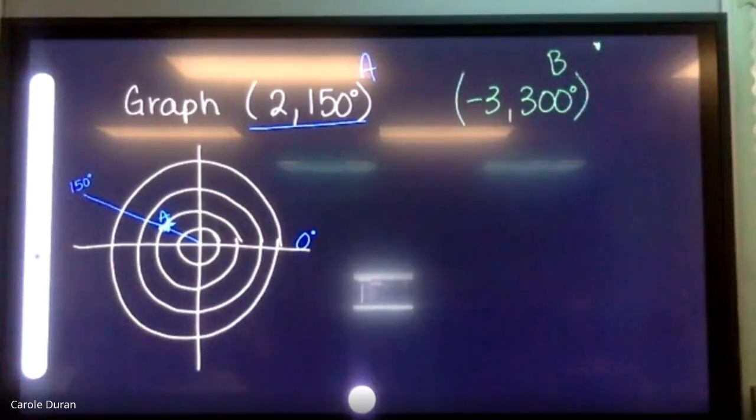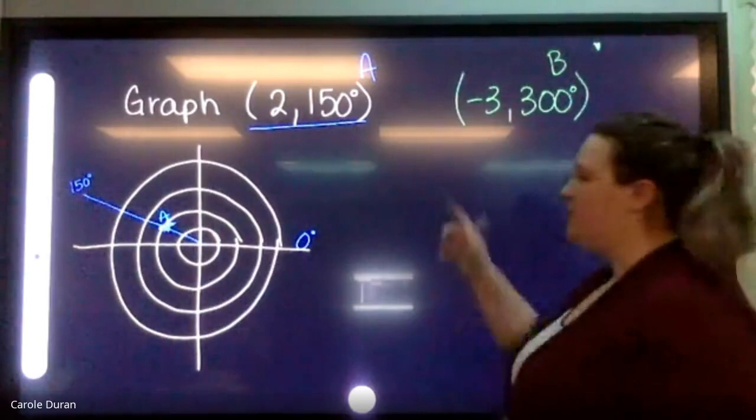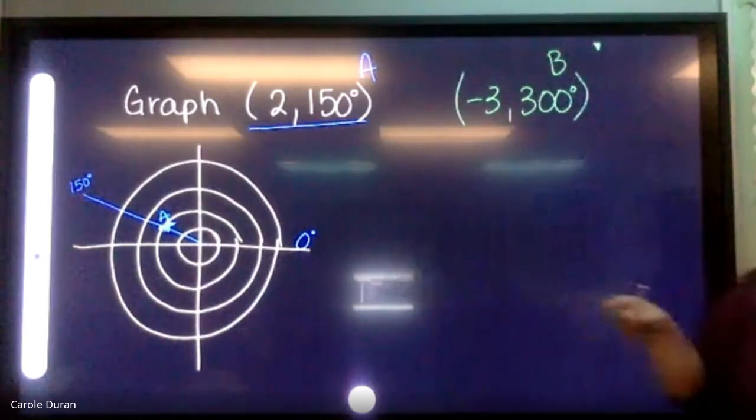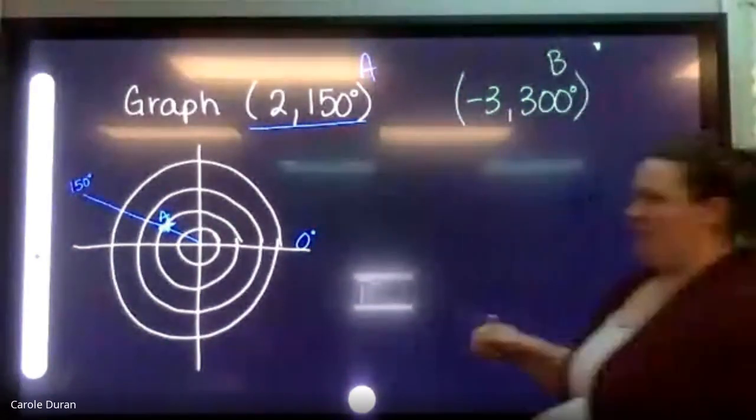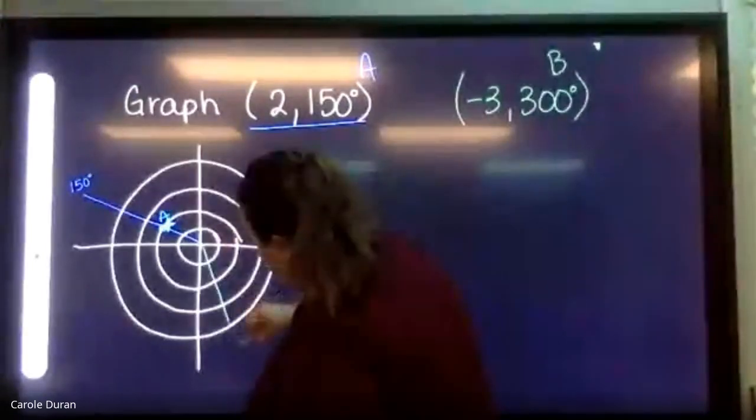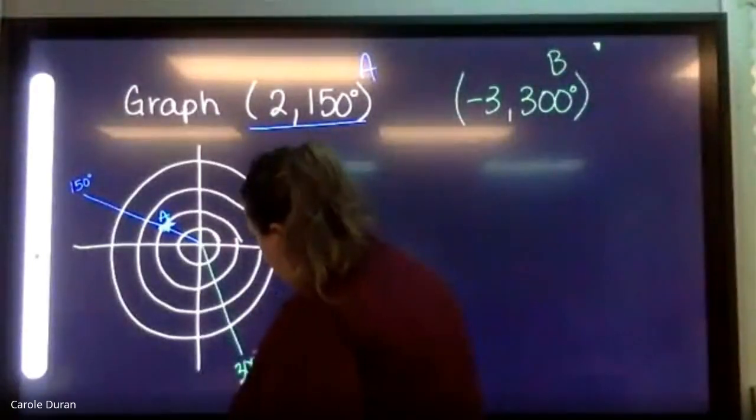The angle theta, so that's 300 degrees here. Which quadrant is 300 degrees in? Fourth. It is right here, approximately.